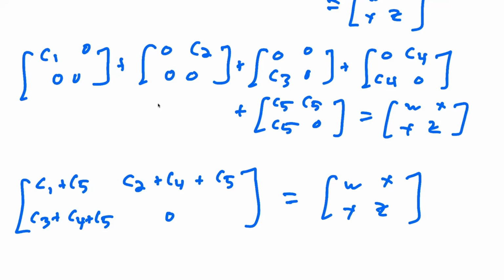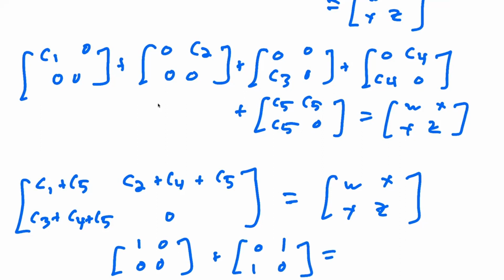Let's see. In this example, notice that if I take the first vector, 1 0 0 0, and the next to last vector, 0 1 1 0, and I add those 2 together, I get 1 1 1 0. Did I do that right?